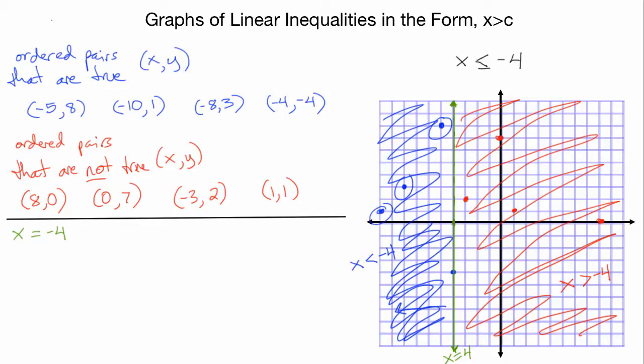Now, what we see is that when we're dealing with inequalities in the form x is less than or x is greater than some value, some constant, we're dealing with vertical inequalities. There's a vertical boundary line that we need to find.